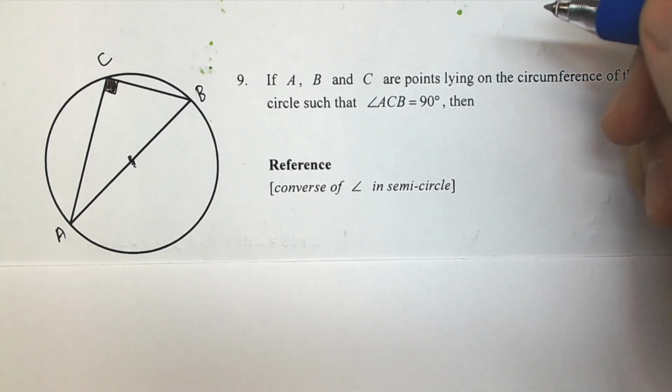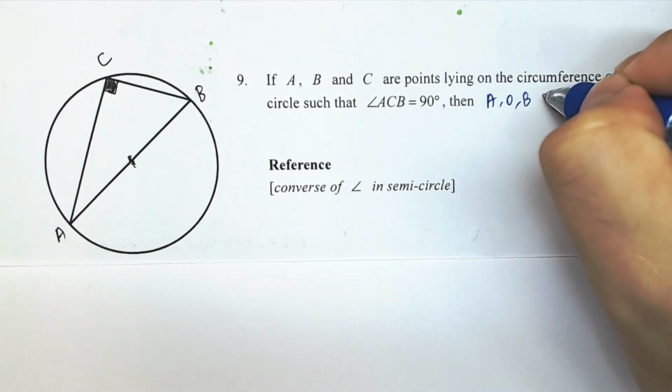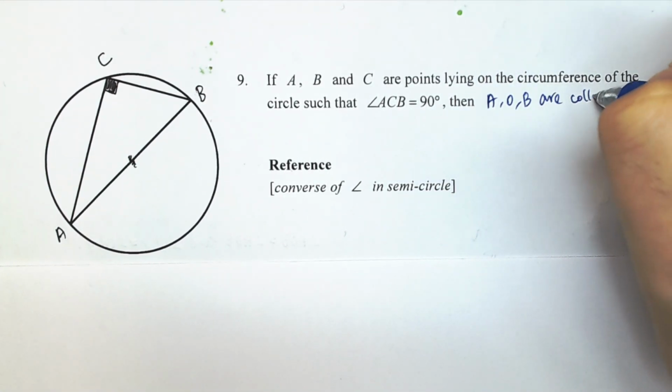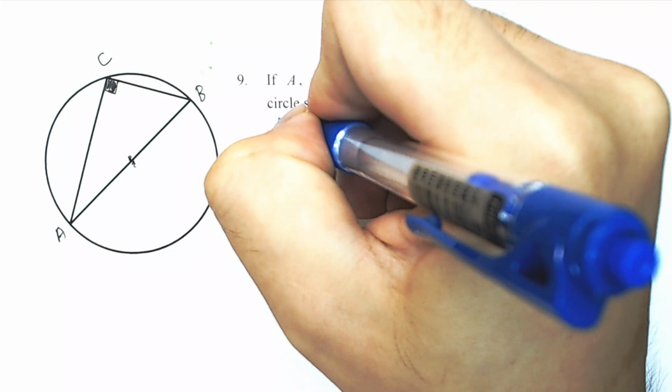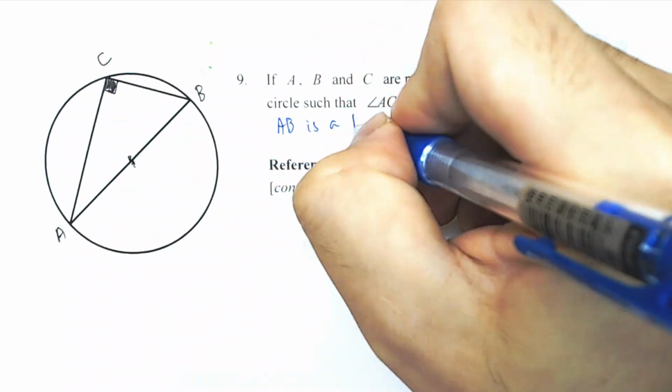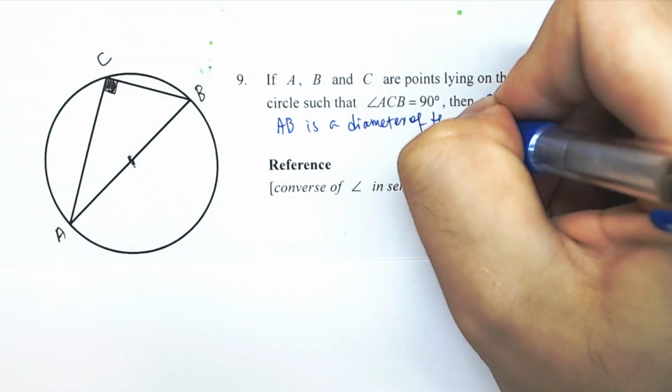We can say that A, O, B are collinear. That means AOB is a straight line. We can also say that AB is a diameter of the circle.